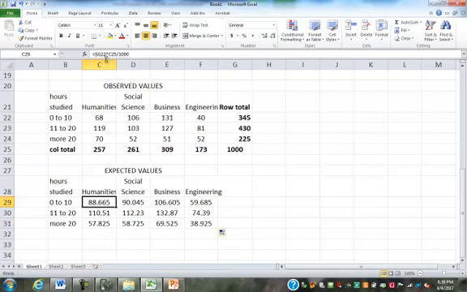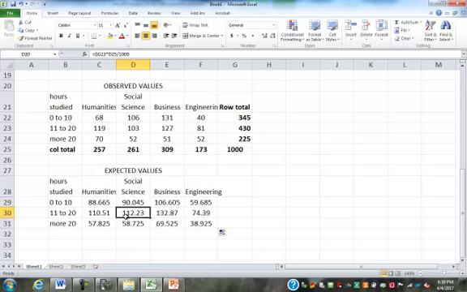So you can see what I did here: G22 is my row total, times C25, which is my column total, divided by the 1,000, my grand total. Here, G22 is my row total, times D25, my column total, divided by my grand total.